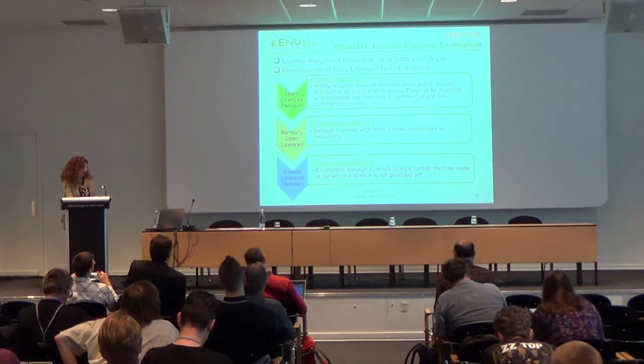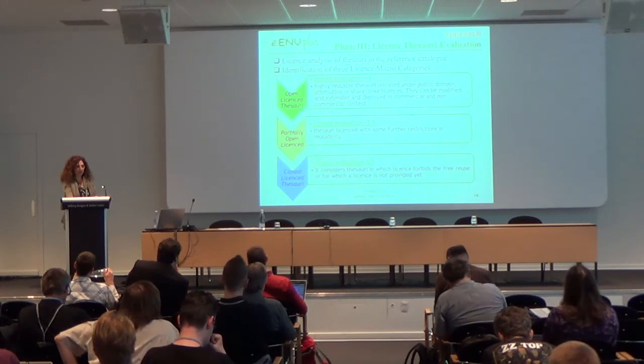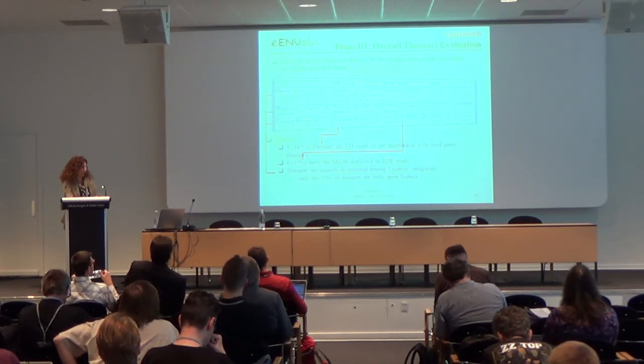Then we have the license that is partially open with some restrictions, and then we have closed license, where we have some constriction in the reusability of the Thesauri. So this is the final result.